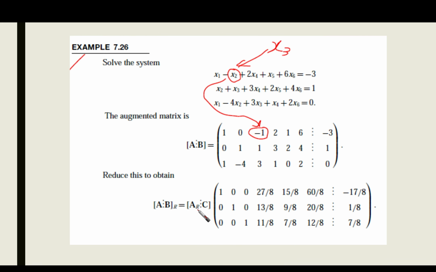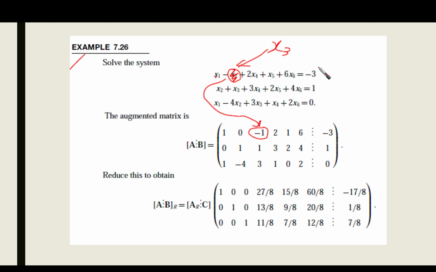Okay. Now let's go to another example and try to understand more about it. We are going to solve the system. As you can see, it consists of x1, x2, x3 until x6. I think this should be x3. Okay, this is x3.